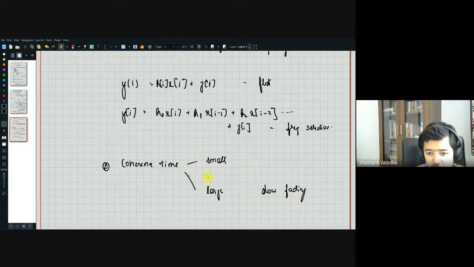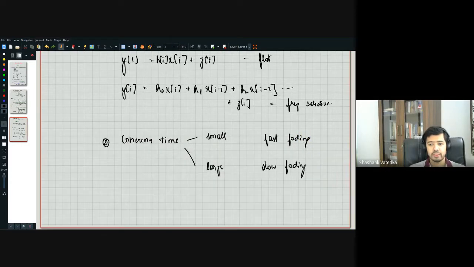Whereas if the coherence time is small, the channel is rapidly varying, so we call it a fast fading channel. All right, so a good model for a fast fading channel is, at least for one coherence interval, sometimes called the coherence.